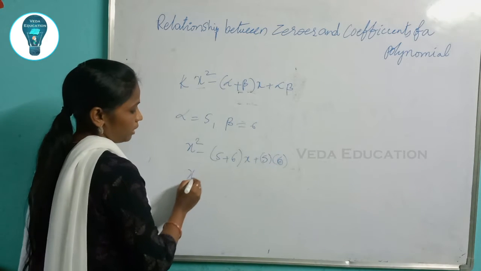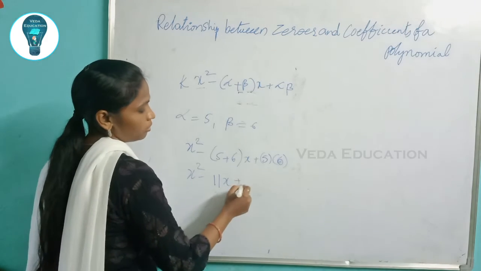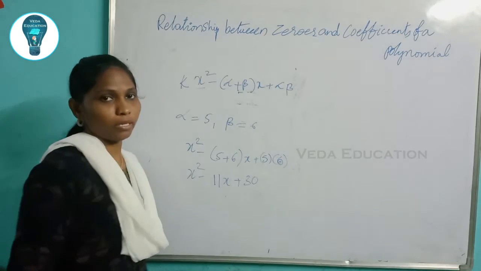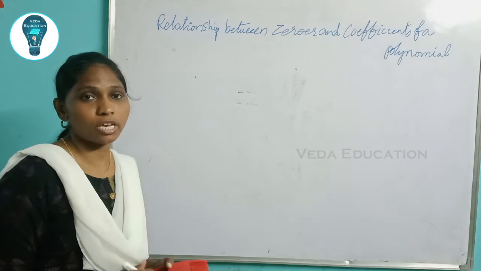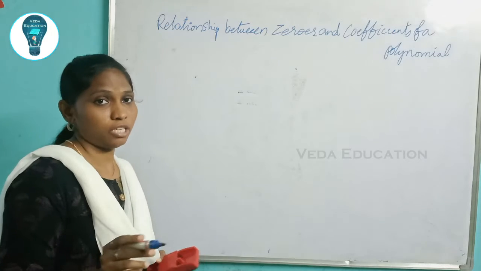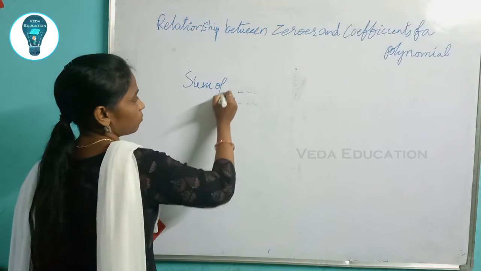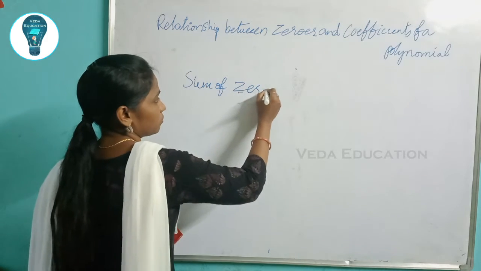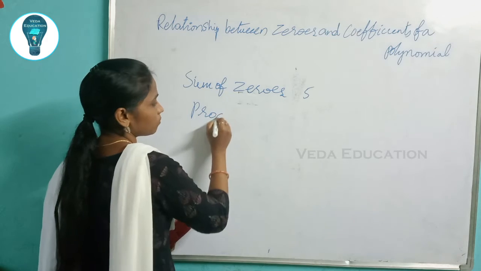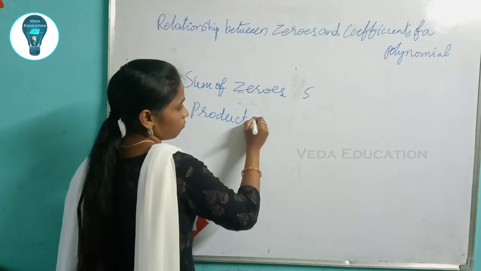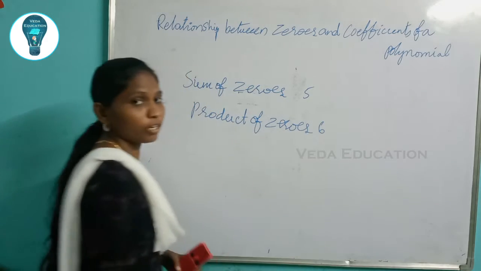Next, x square minus 11x plus 30. So this is the quadratic polynomial. Now another question: if the sum of the zeros is 5 and the product of zeros is 6, find the quadratic polynomial.